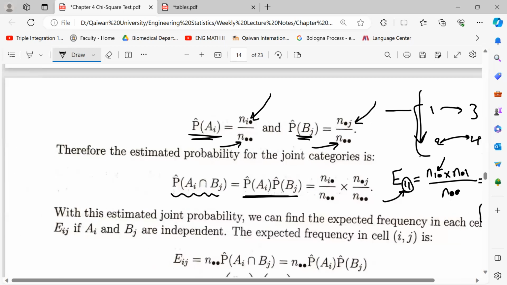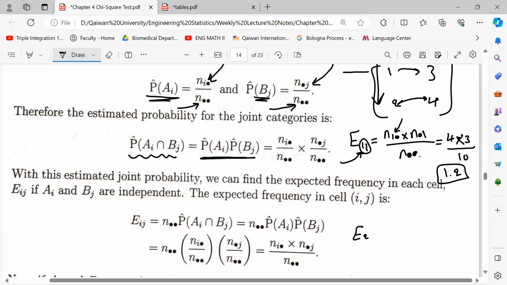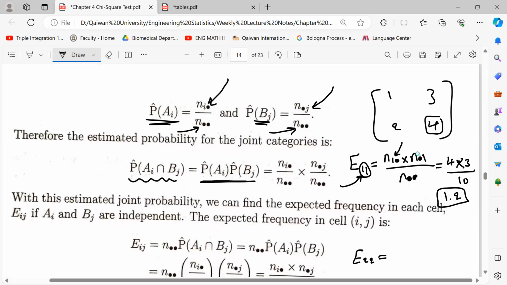How about the expected frequency for, let's say, E22? What's the location of 22? Which number is in the matrix? 4, yeah. We find the sum of these elements, multiply by the sum of these elements, and divide by the total number.